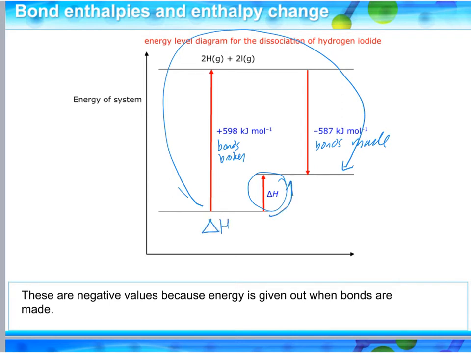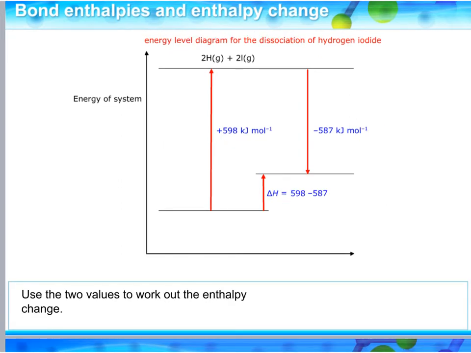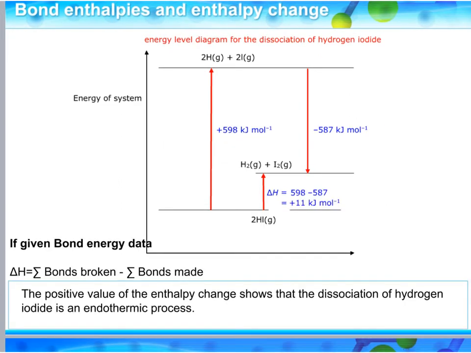So again, delta H is the sum of the bonds broken. We put a negative sign in here because the bonds made is exothermic, so that's minus the sum of the bonds made, and therefore the enthalpy change for this reaction is plus 11 kilojoules per mole. So we can see it's an endothermic process.